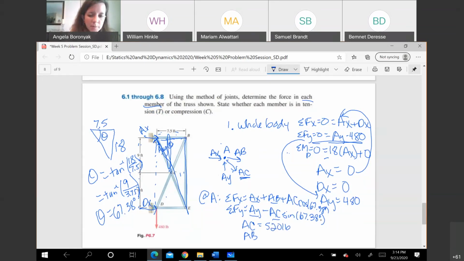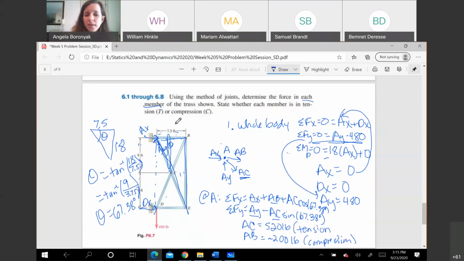AB comes out to be negative 200 pounds. What does that mean? It's in compression. Good. I said my default was I'm assuming tension. This meant this guy was in compression because he lost it.